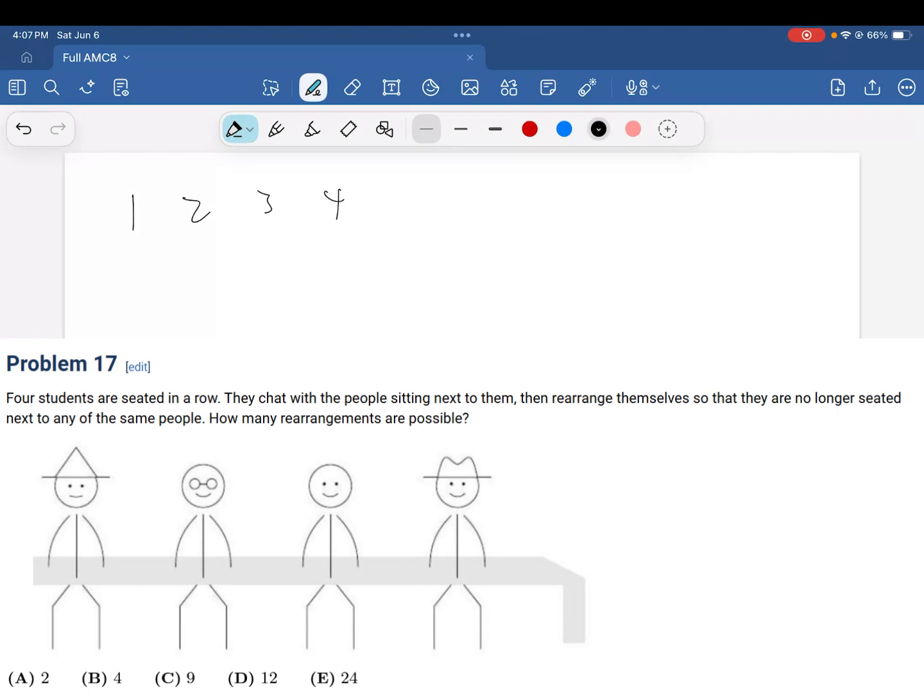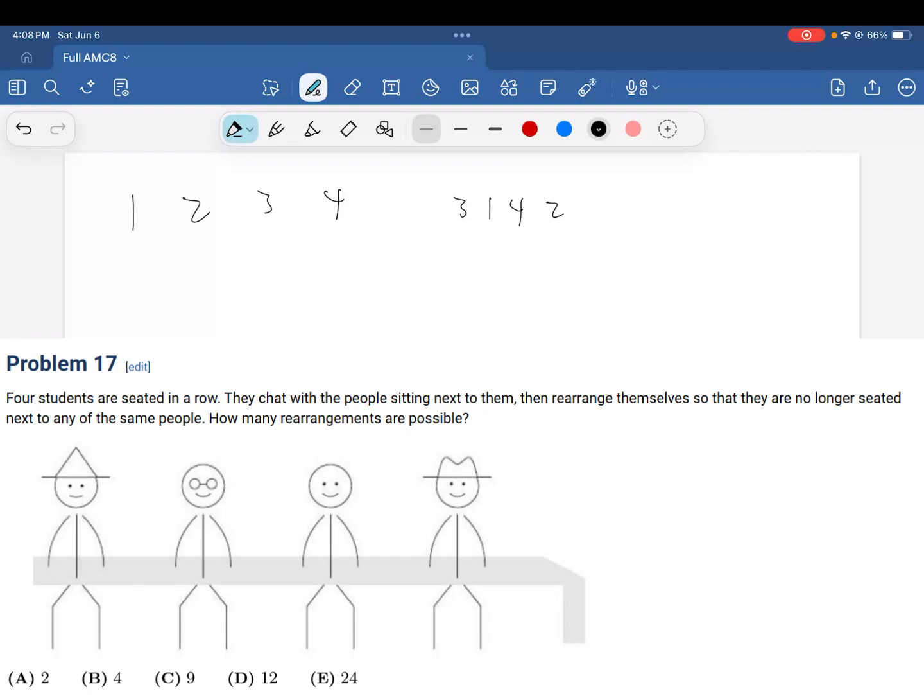So we want a rearrangement such as 1, 2, 3, 4, such that no 2 neighboring numbers are consecutive. So for example, 1, 2, 4, 3 is not allowed because 1 and 2 are consecutive, 3 and 4 are consecutive. So this is not allowed.